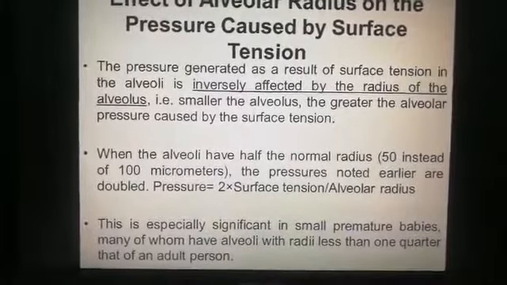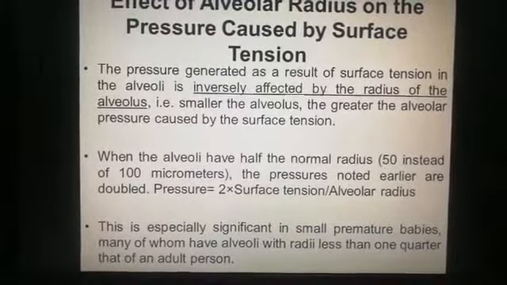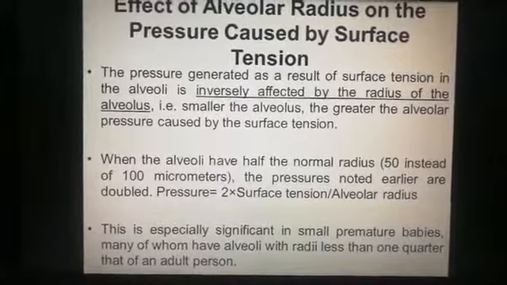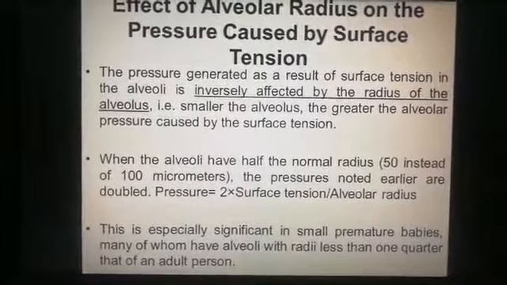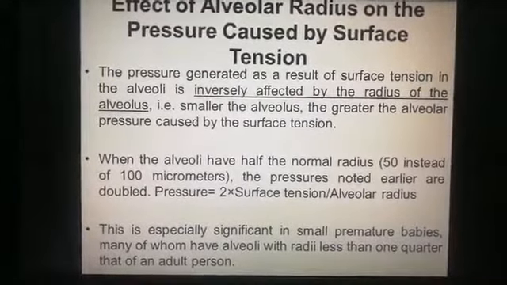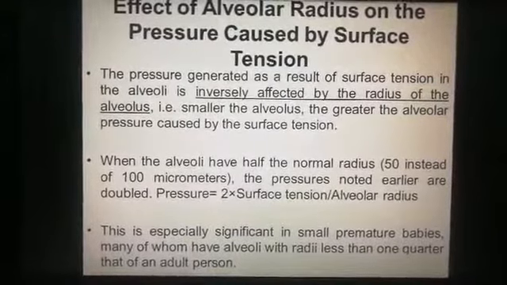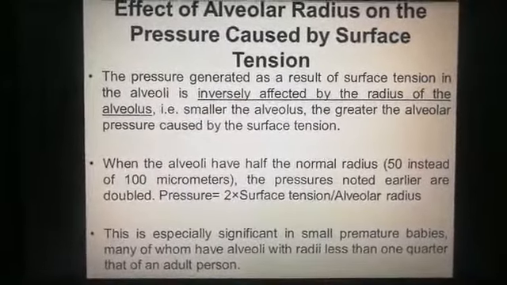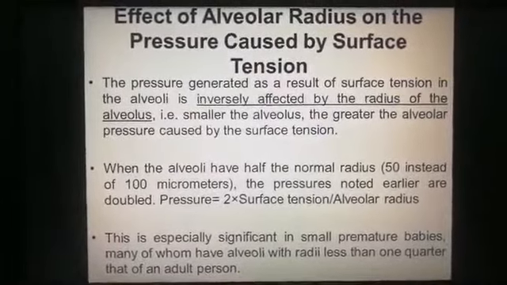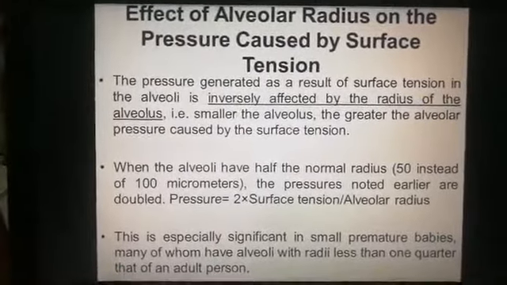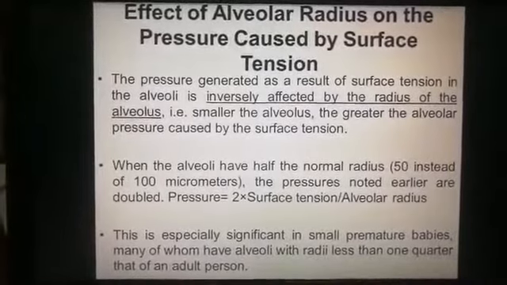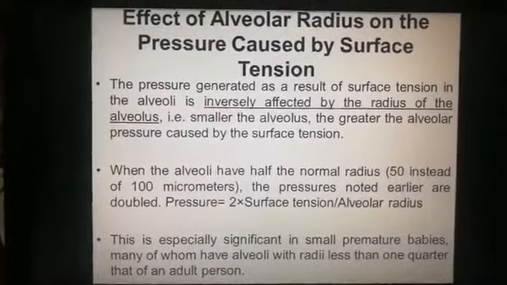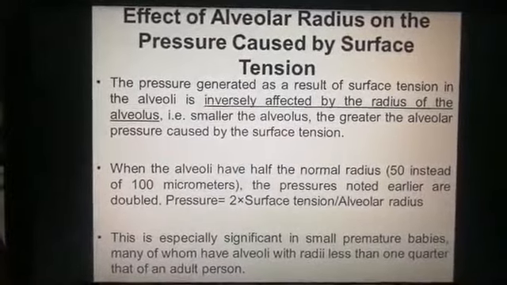When the alveoli have half the normal radius, 50 instead of 100 micrometers, the pressures noted earlier are doubled. The pressure is equal to 2 times surface tension over alveolar radius. So the alveolar radius has an inverse relationship with the alveolar pressure.